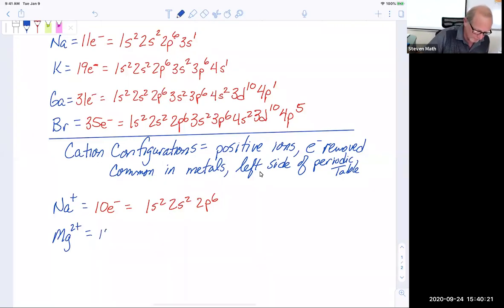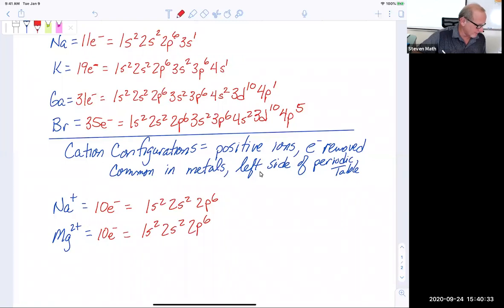That makes it 10 electrons. Oh my. 1s2, 2s2, 2p6. That has the same electron configuration. There's a term for that, and that's allowed. That's perfectly acceptable. These two species, they're called isoelectronic.